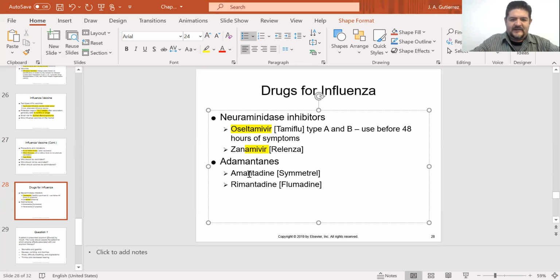Amantadine and rimantadine are only for type A flu.